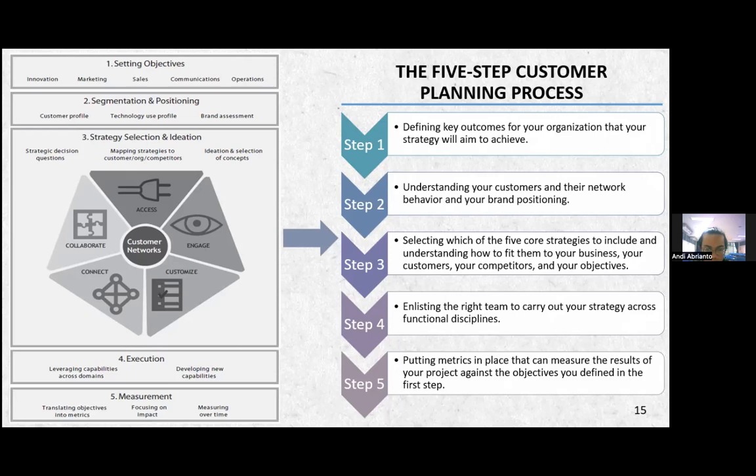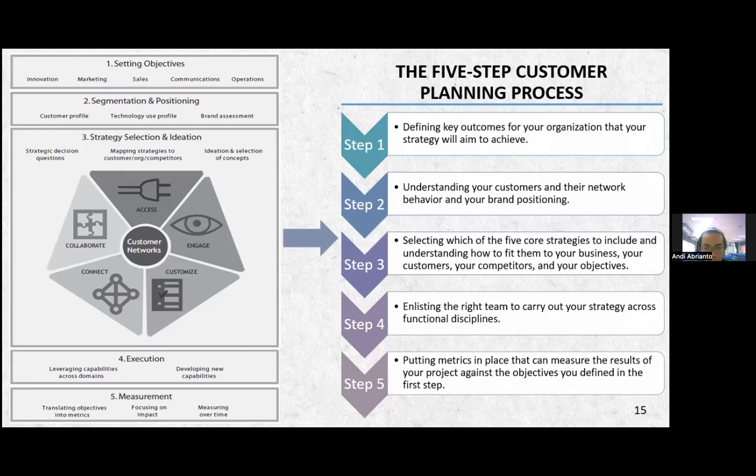Step 3, strategy selection and ideation by selecting which of the 5 core strategies to include and understanding how to fit them to your business, your customer, your competitors, and your objectives.